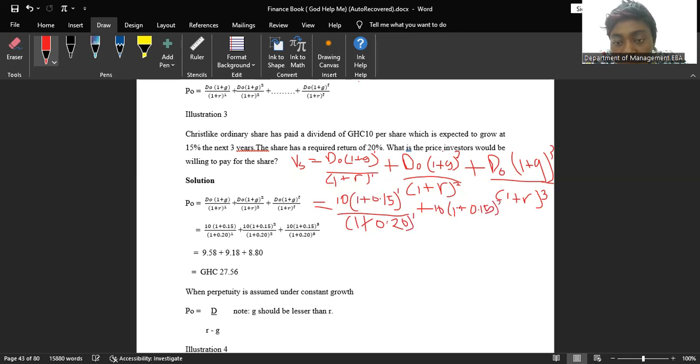Plus 10, 1 plus 0.15 raised to the power 3.